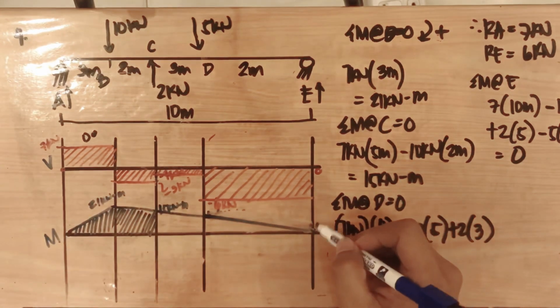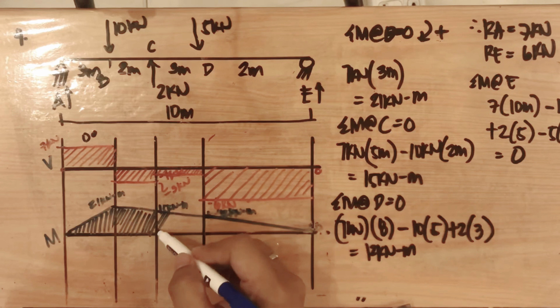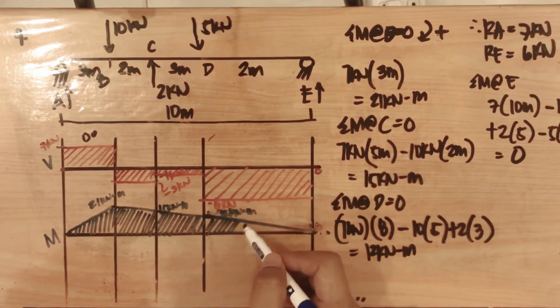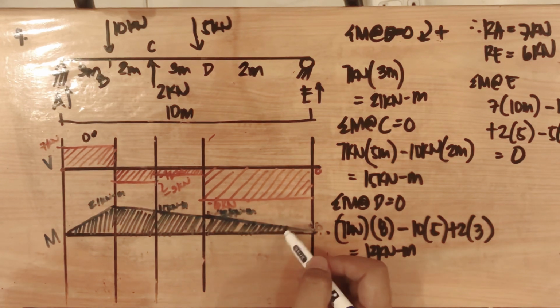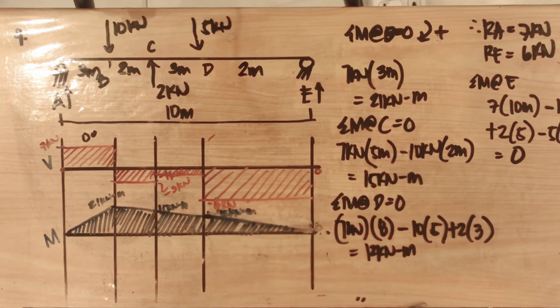So ayan, 0. So 12 kilonewton per meter to 0. So ito na yung ating moment diagram for the beam shown. Ayan. Then next, so determine na lang natin yung maximum shear and maximum moment.